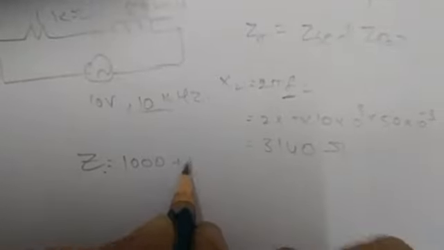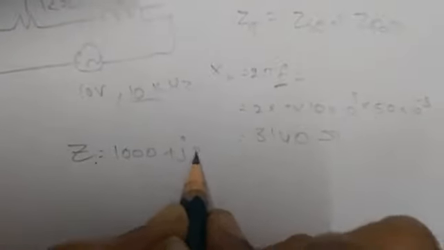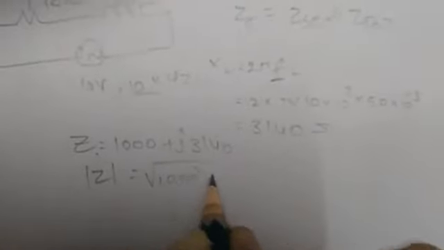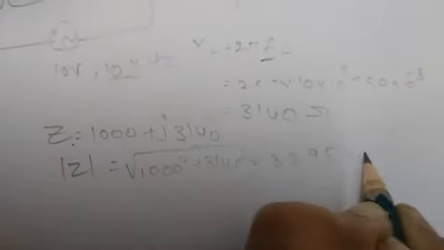When I write this as the total impedance, it is 1000 plus j3140 in complex format. To find the magnitude, I take the square and square root. It will be around 3295.4 ohms.